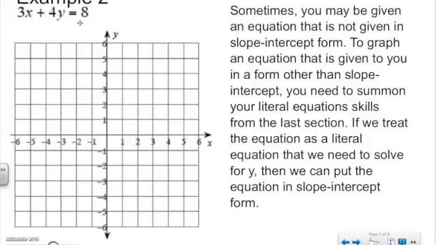That's kind of the reason we put it right before this lesson. But we're going to need to use those literal equation skills to be able to solve for y here. So basically, we're going to treat this like one of those literal equations that you were working on in the last lesson and that you've shown mastery of if you're at this point. And we're going to treat that as a literal equation that we're solving for y, and that will let us put the equation in slope-intercept form.